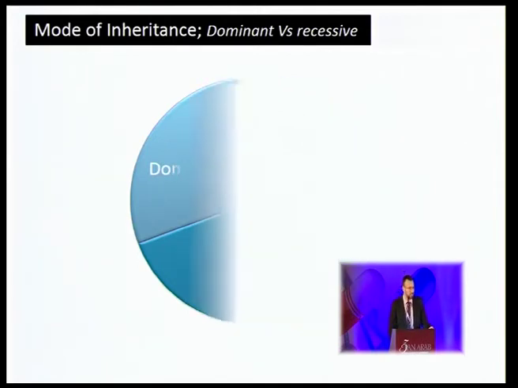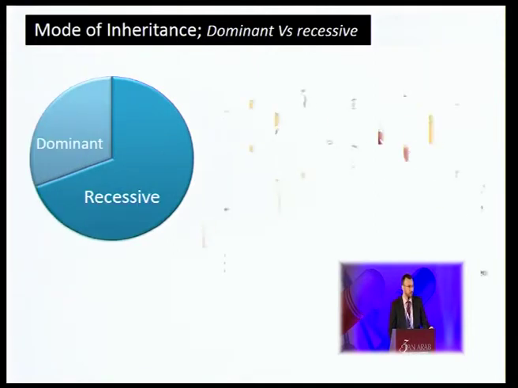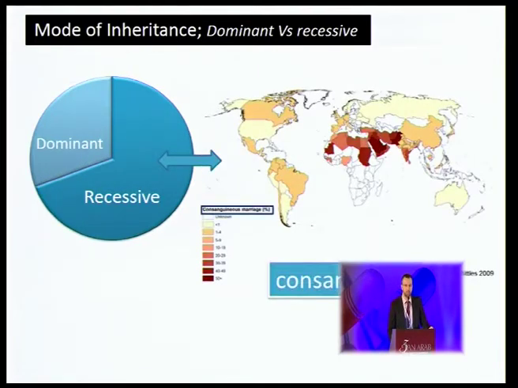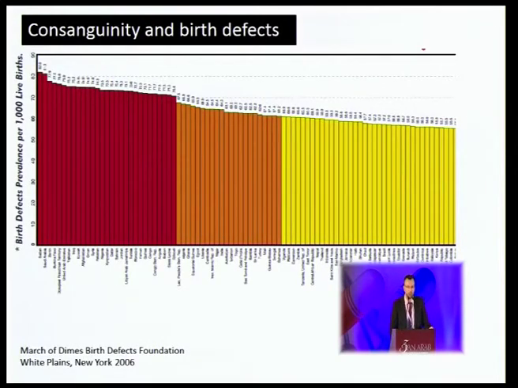Now, this is particularly important for our region due to higher consanguinity rates in this part of the world. And we can see from darker colors that we do have higher consanguinity rates than the rest of the world. And that is, of course, reflected in the number of recessive disorders.